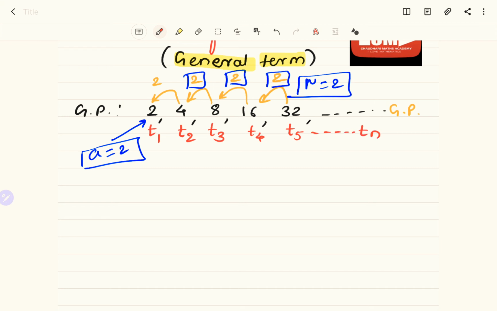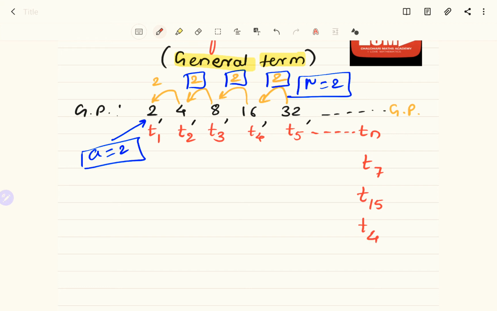And Tn is any term in that sequence. If I specify n as 7, that indicates the 7th term of that geometric progression. If I say n value is 15, then we say the 15th term. If I say n value is 4, then it indicates the 4th term.